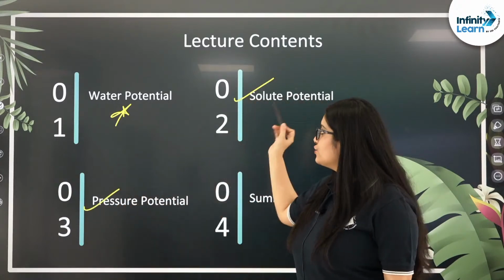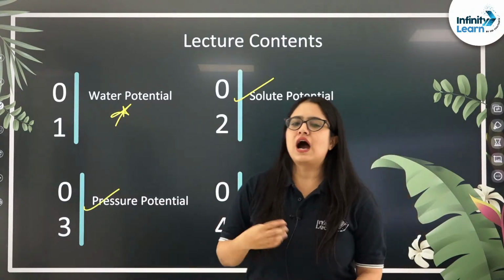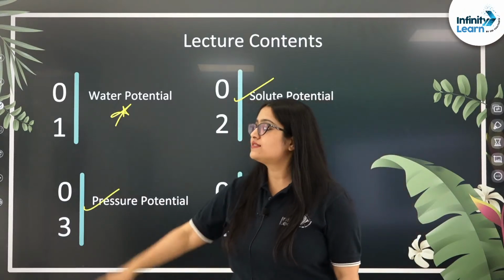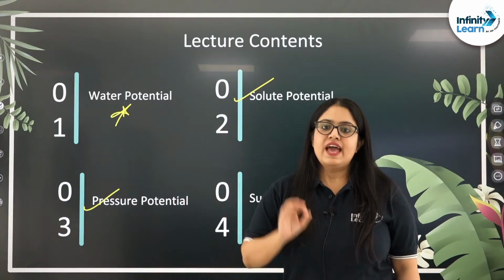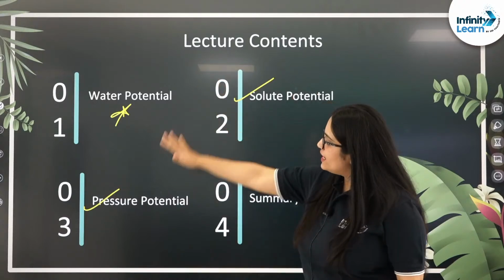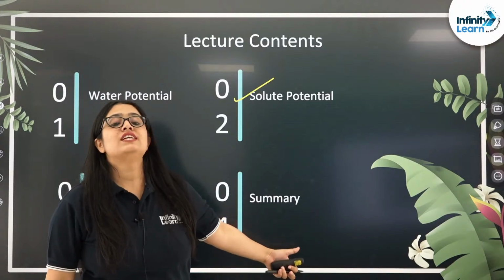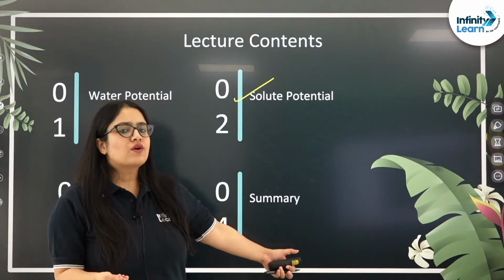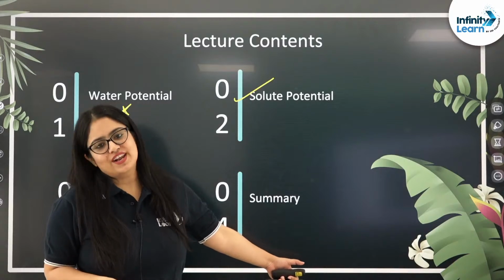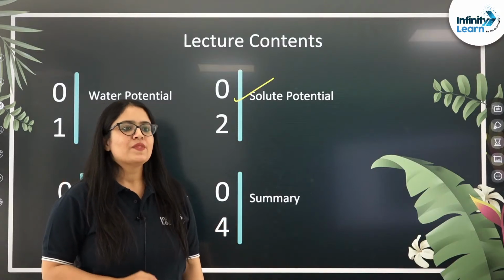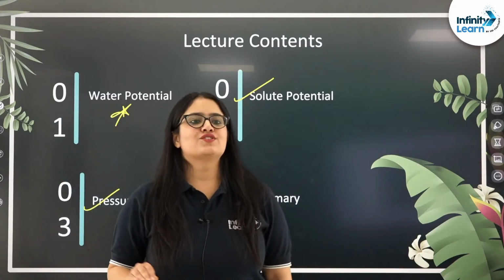This solute potential and pressure potential are the components that determine the value of water potential. And finally, after explaining all these things, I am going to give you a summary, the important key points on which you can solve your MCQ questions related to this topic, right? So I hope this much is clear to all of you.